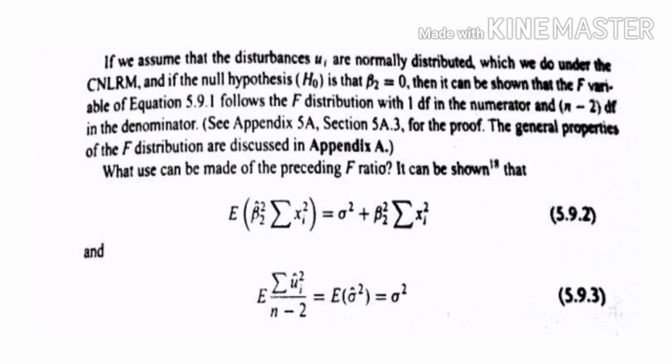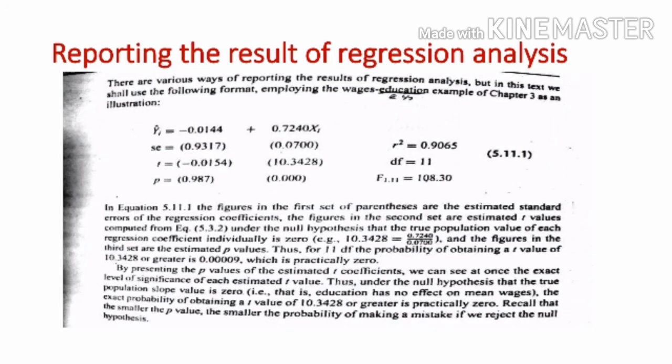The general properties of the F distribution are discussed. What use can be made of the preceding F ratio? For this, you see the equation shown: E of beta 2 hat square summation x square equals sigma square plus beta 2 square summation x square, which equals sigma square.